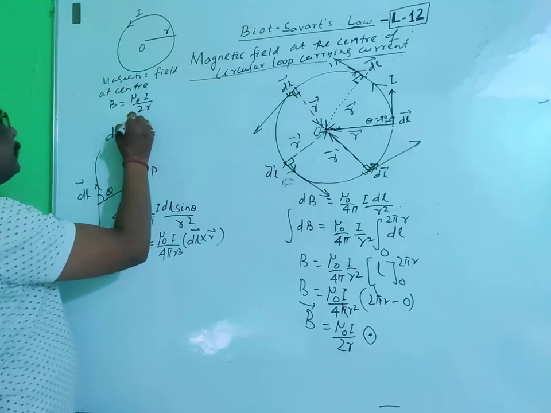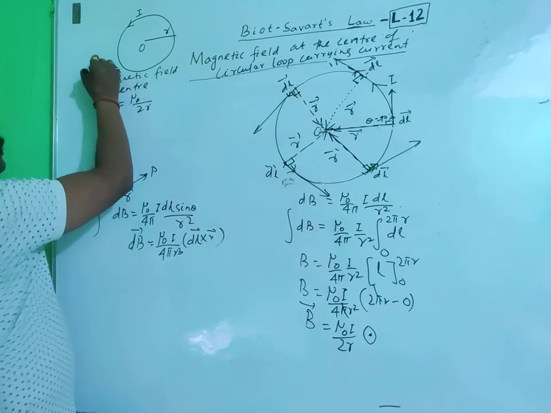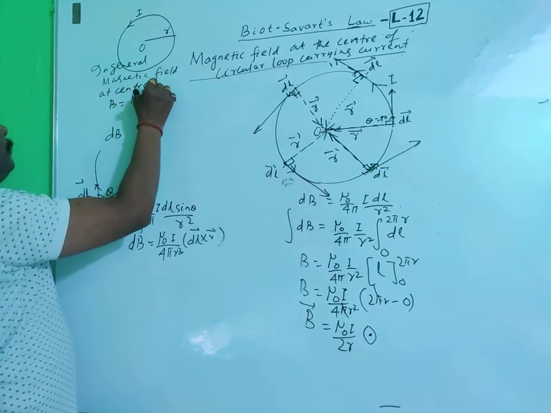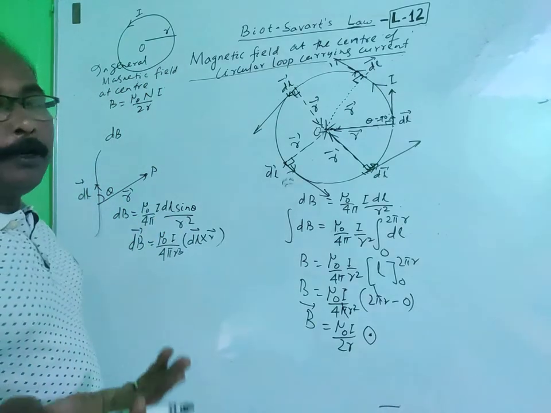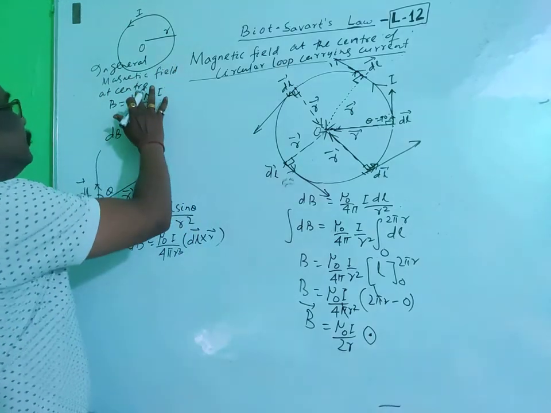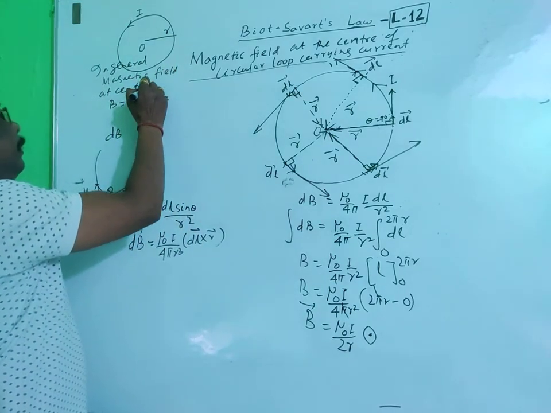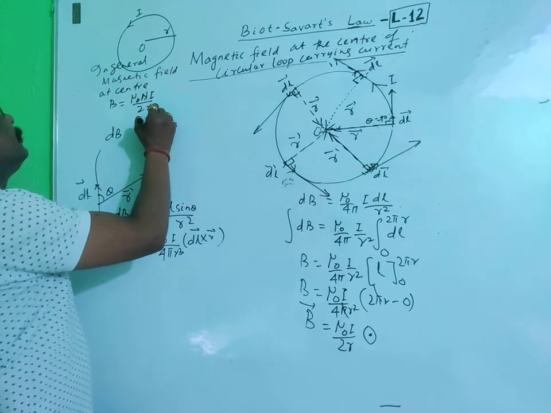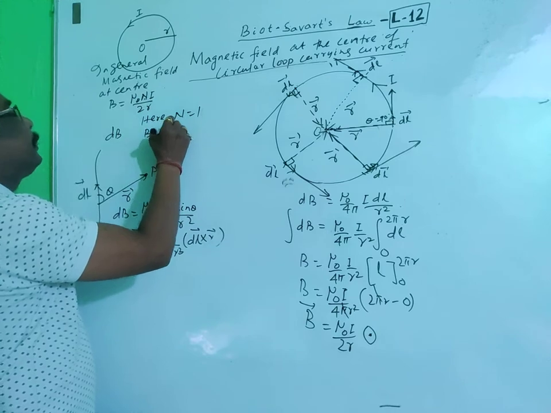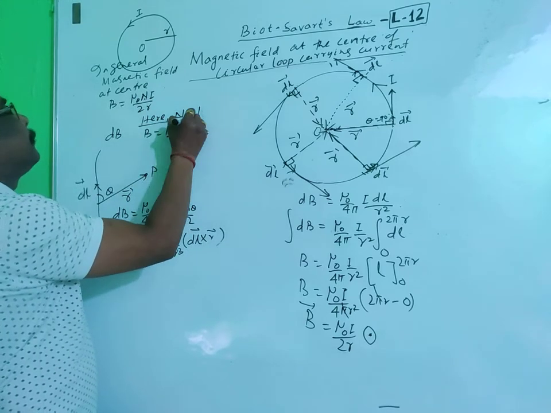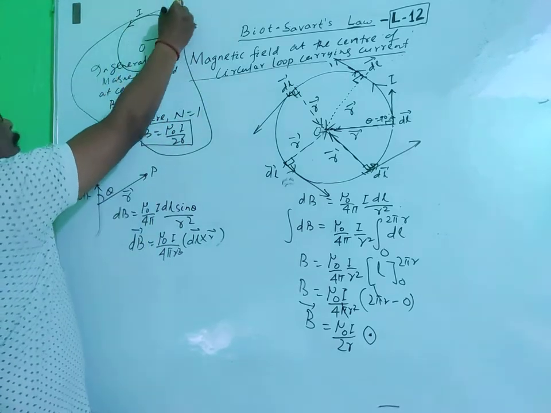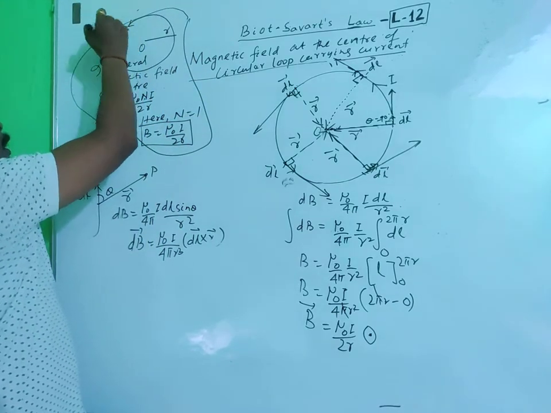Of course, in general the formula is mu naught N I by 2r, where N is the number of turns. Here the number of turns is 1, so the magnetic field is mu naught I by 2r. This is the formula for the magnetic field at the center of a circle carrying current I.